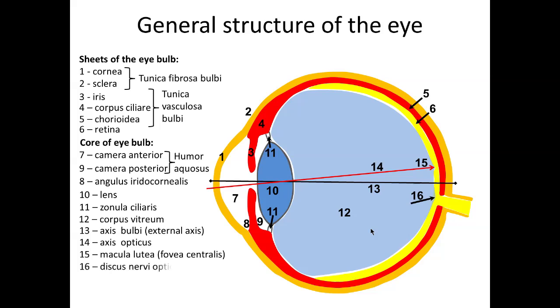Number 16 is discus nervi optici. In this place, nervus opticus enters into eye bulb, and then it becomes the internal sheath, the retina.